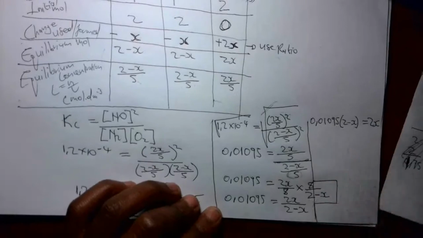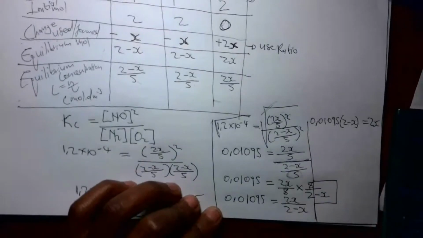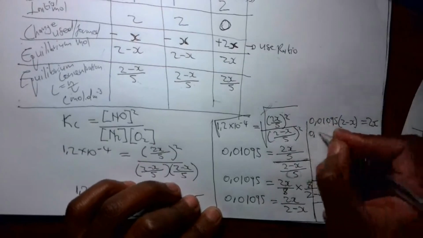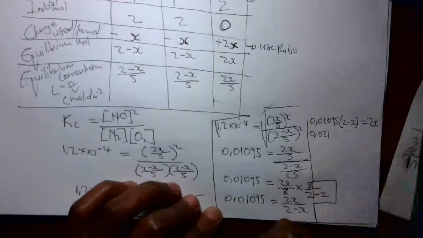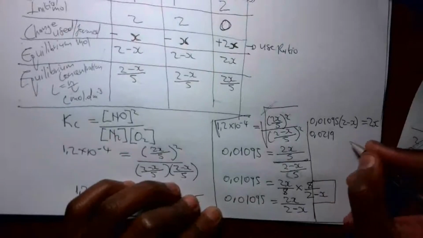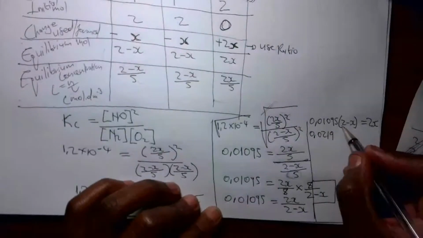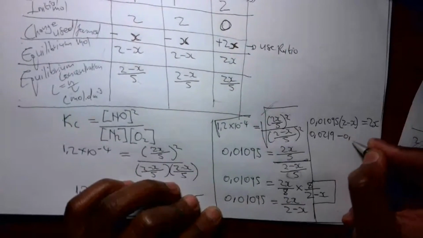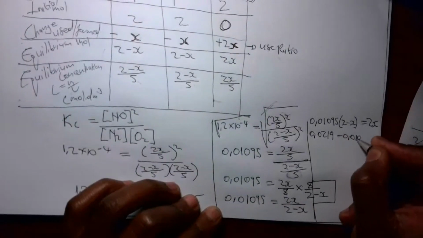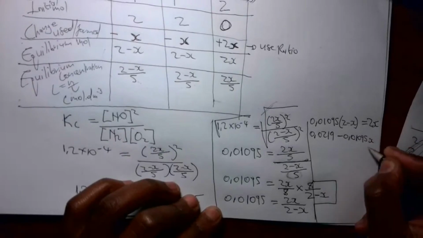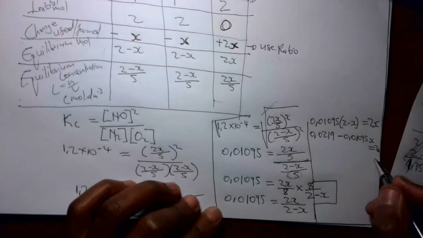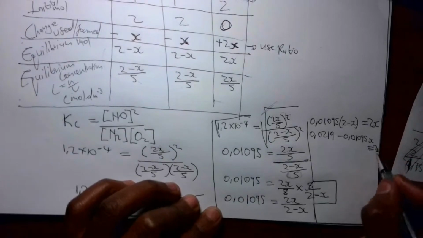Now this is going to be times 2, 0,0219, minus 0,01095x is equal to 2x.